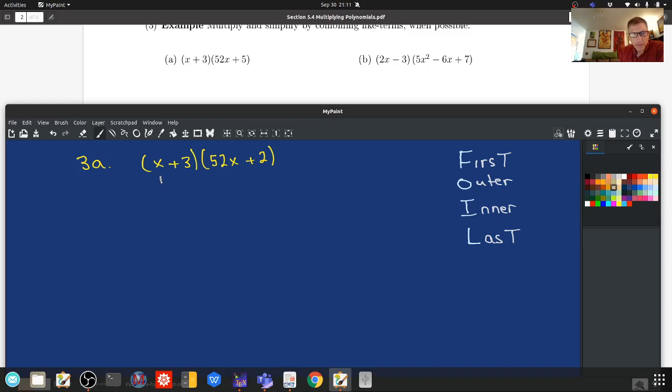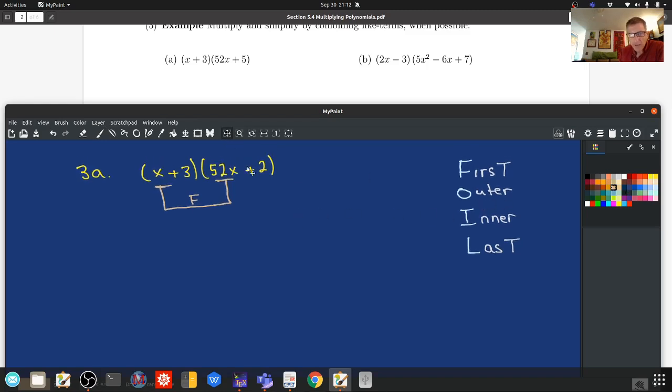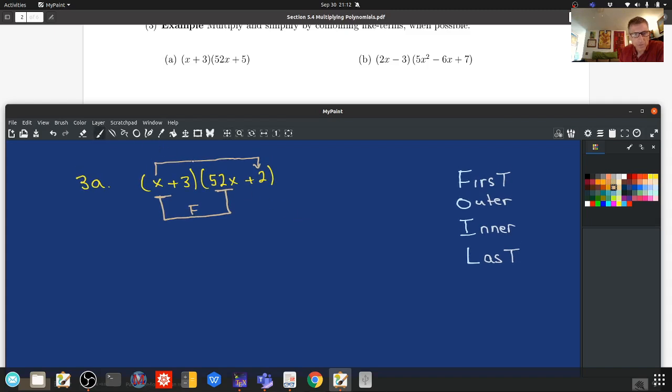So here is my first term in my first binomial, and here is the first term in my second. So that's my first term multiplication. My outer ones are my x and my 2. So that's my outer.